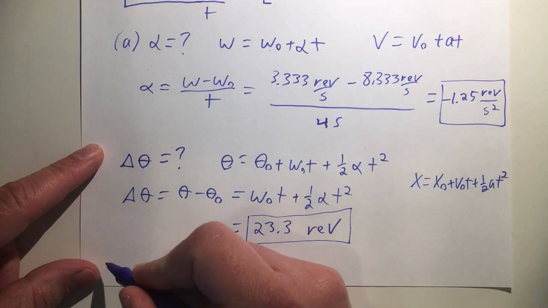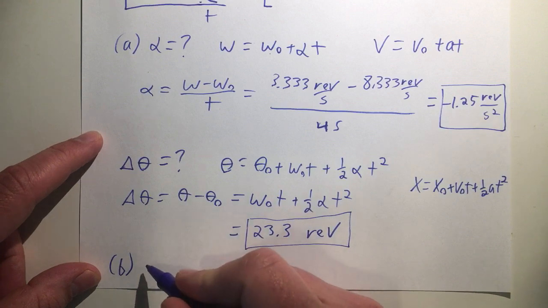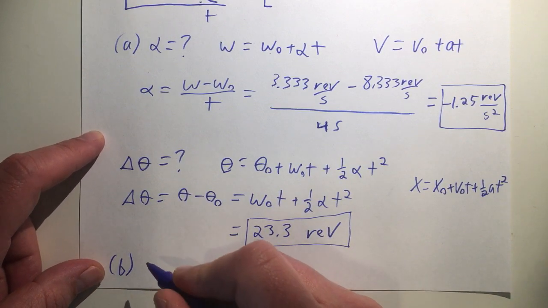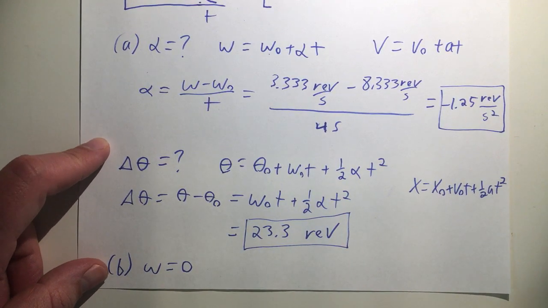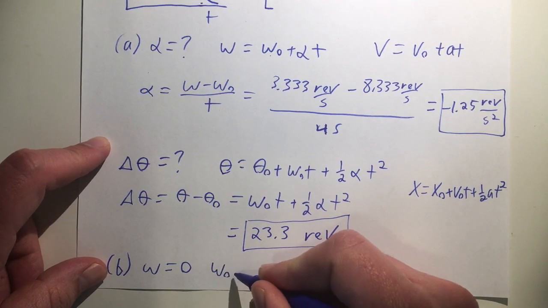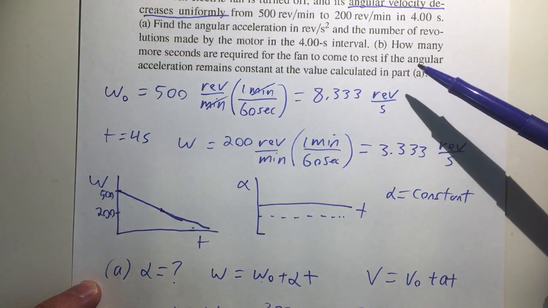And I'm running out of room here, but I think I can just squeeze it in. Because basically this is just saying that now the final angular velocity is just 0, right? It's going to come to rest. The initial angular velocity is what was our final angular velocity before, because it's asking how many more seconds, right?